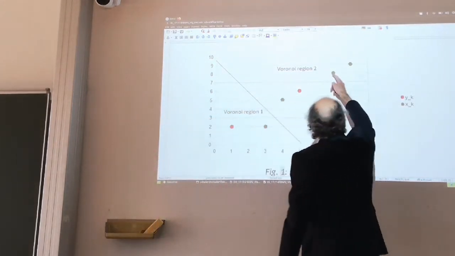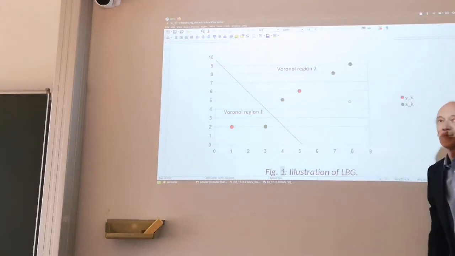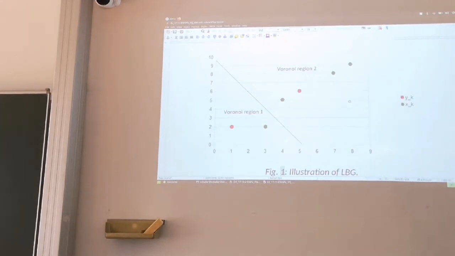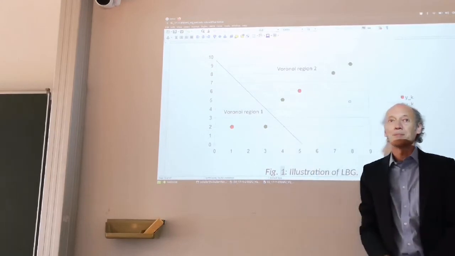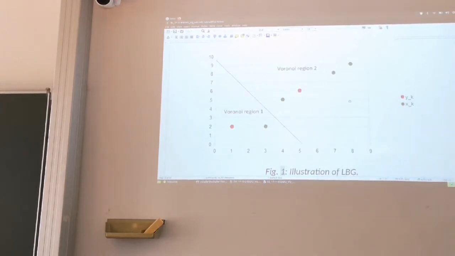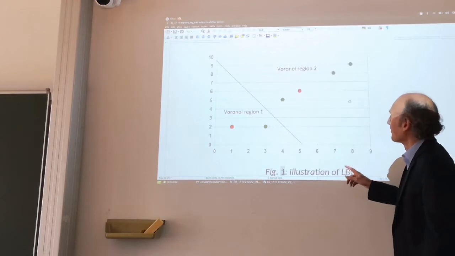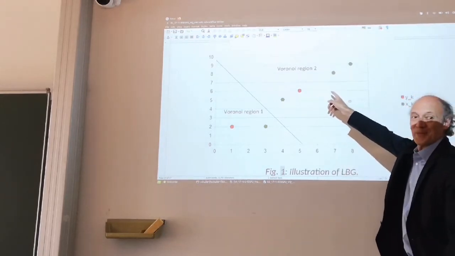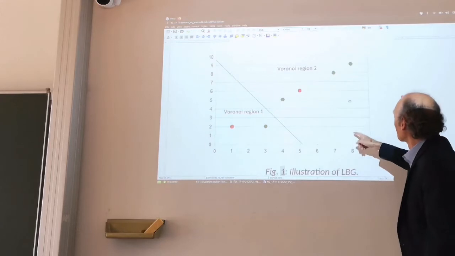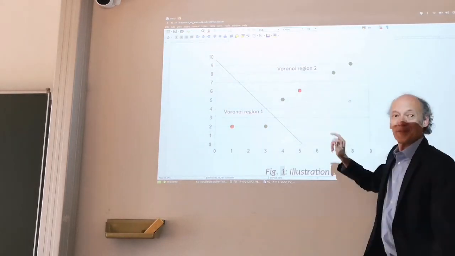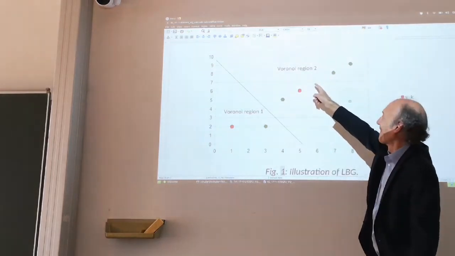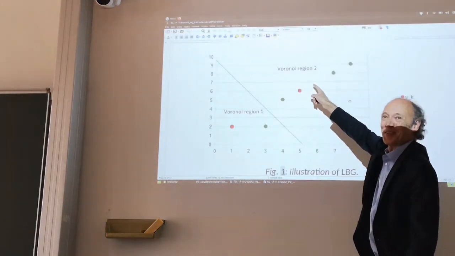So what about those three in this Voronoi region 2? How do we update this code vector? Any idea roughly where it will go? Between 7 and 8. Somewhere here? A little lower.